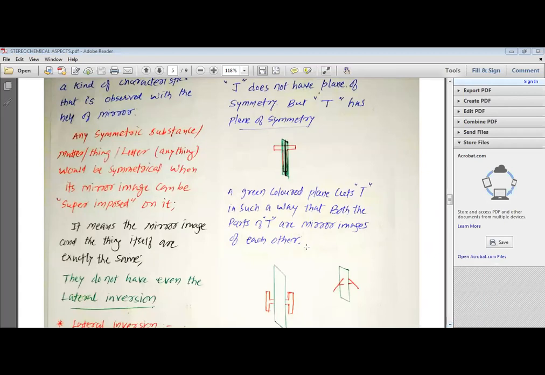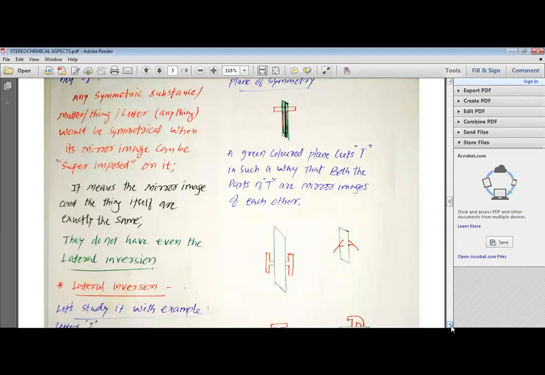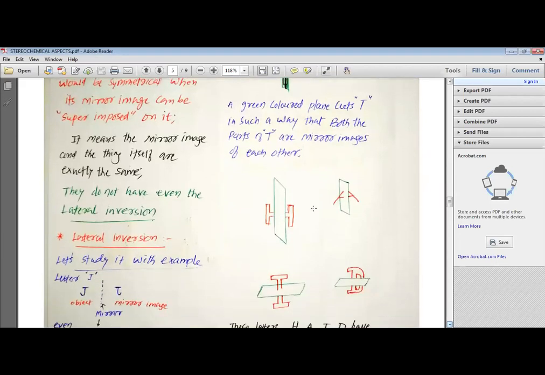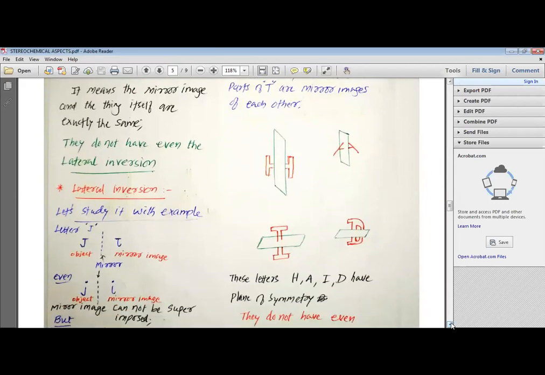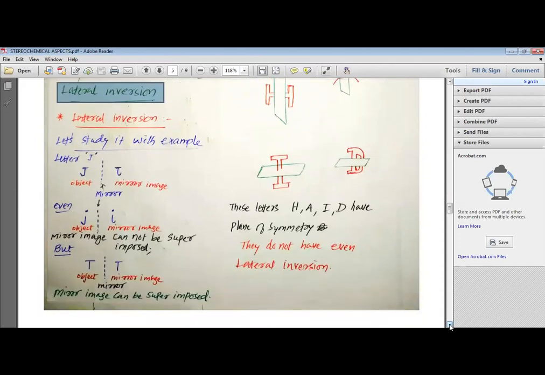Now how do we understand the superimposed mirror image, or how do we understand symmetry? It means the mirror image and the thing itself are exactly the same. They do not have even a lateral inversion. Now again we have got a new word. What is lateral inversion? First let us understand lateral inversion.